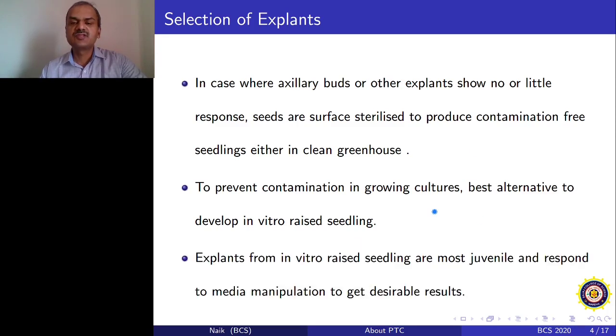Explants from in vitro raised seedlings are the most juvenile ones, and they can respond to your media manipulation to get desirable results.